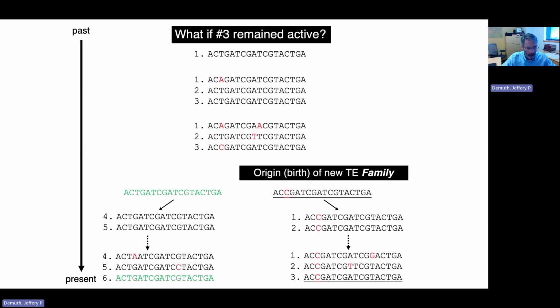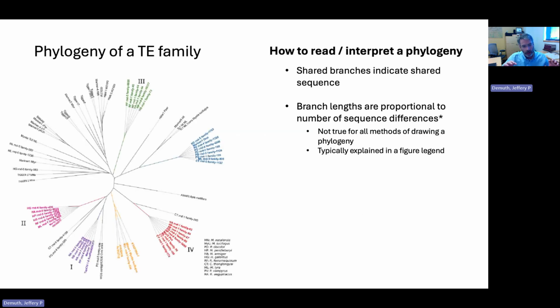And when you do that, and if we zoom out to look at all the transposons, we can illustrate that in the form of a phylogeny. Just like you could do a phylogeny for the similarity between different organisms, you can do that for the sequence evolution of transposable element families. So what this means, as an example, if you've never spent time reading phylogenies, is the shared branches indicate shared sequence.